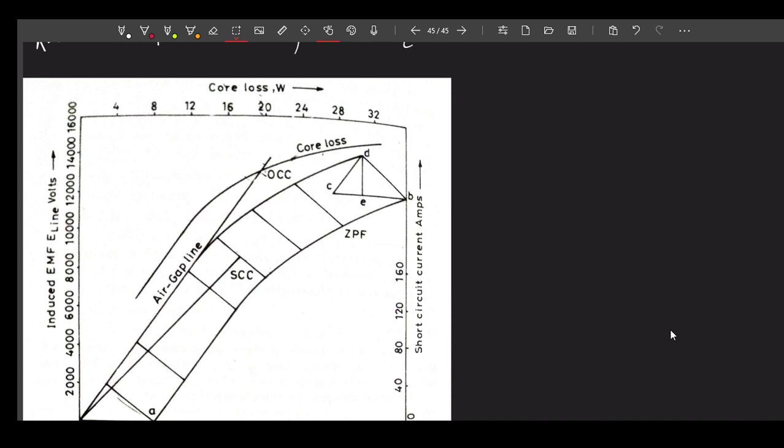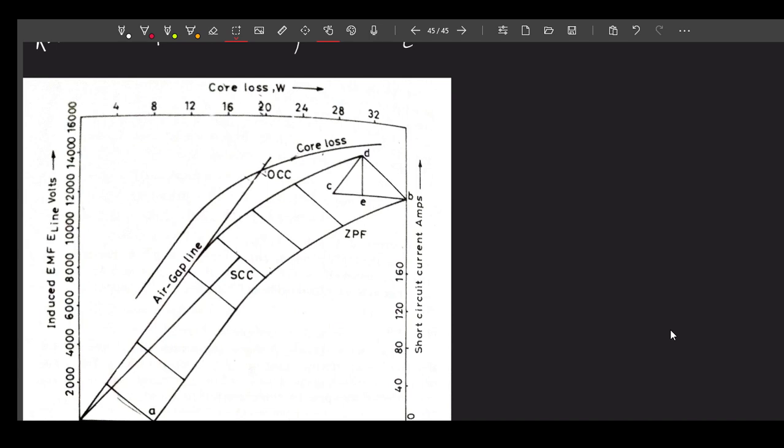So what type of characteristics you will observe during OCC for your salient pole and for your cylindrical rotor? Your OCC curve will not be affected. Because, as I have said in my earlier lectures also, it is only the armature reaction that can realize the difference in the path permeance, and therefore it is giving birth to two virtual reactances, one is Xd, another one is Xq.